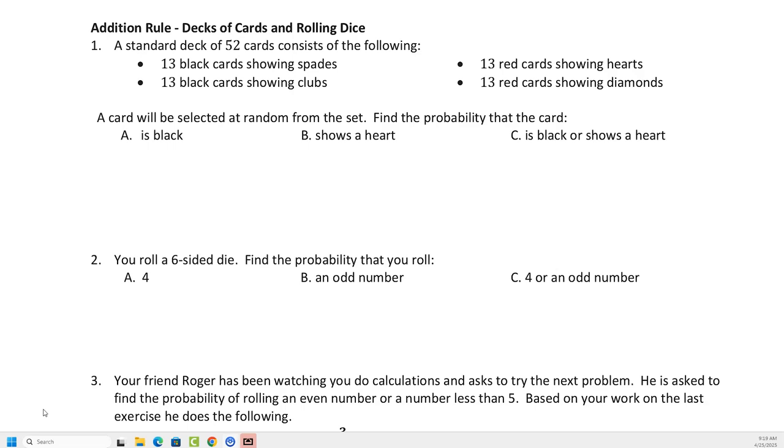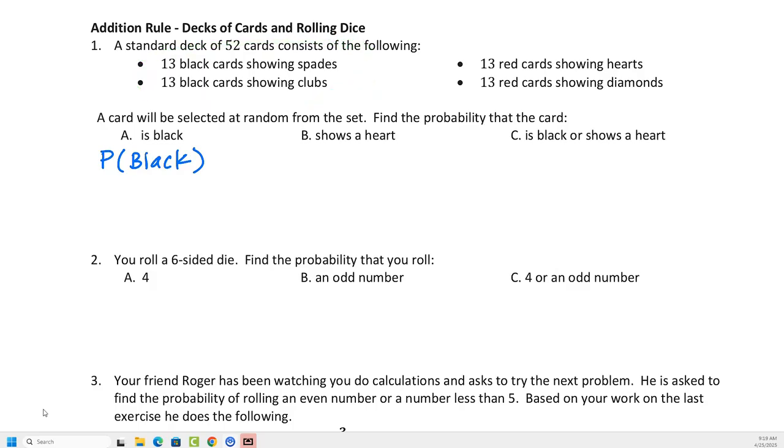So let's go through. If we're looking for the probability of a black card, how many black cards do we have? Notice we have 13 black cards that show spades, and 13 that show clubs.